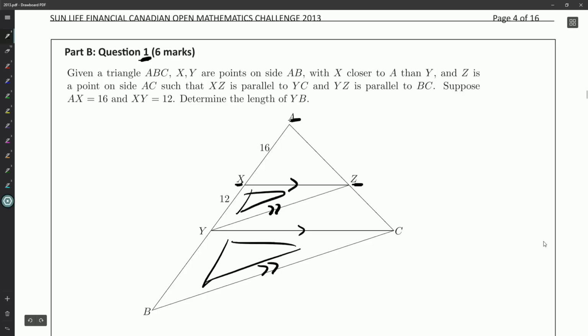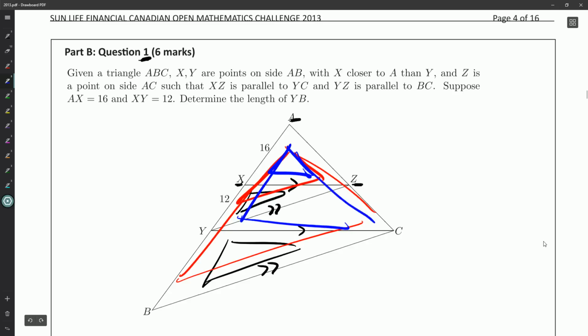This one might be a similar triangle. I don't think that one's a similar triangle. Maybe, but then we might also have this big one and this one here. Those should also be similar triangles. There seem to be a lot of overlapping similar triangles.